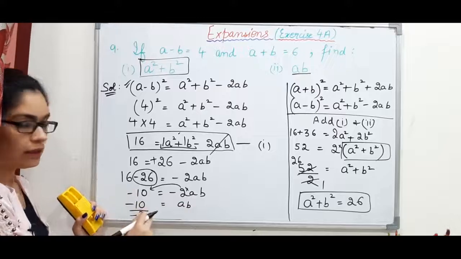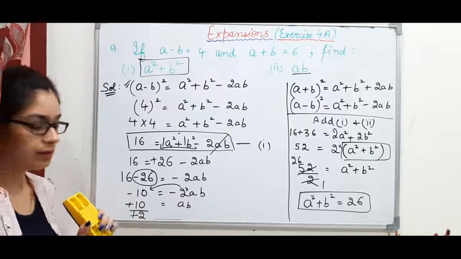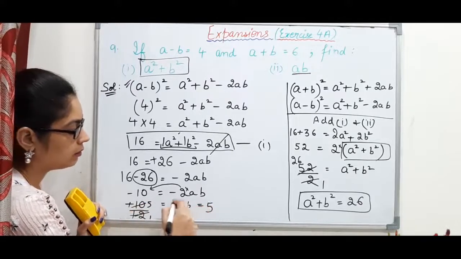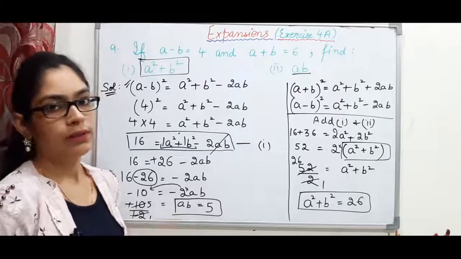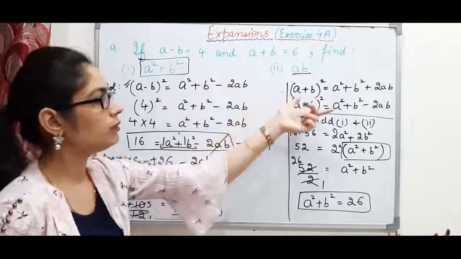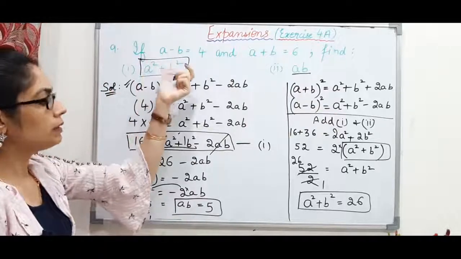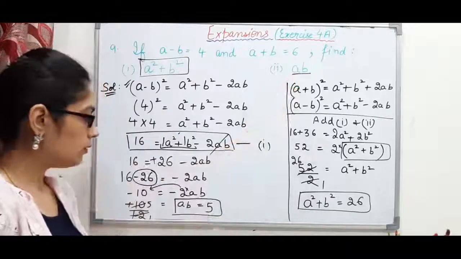So minus 10 divided by minus 2 is equals to ab. Minus and minus sign will get cancelled. 2 into 1 and 2 into 5. So ab is equals to 5. So here in this question we used both of these identities and then we solved the value of a square plus b square, it is equals to 26, and the value of ab is equals to 5.